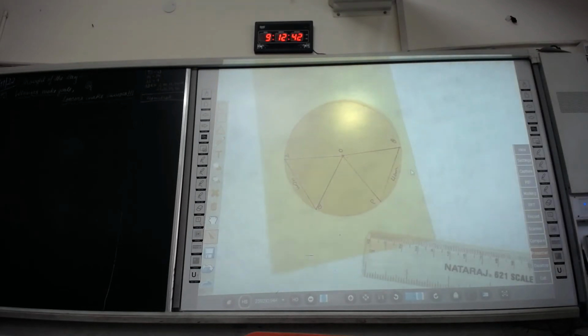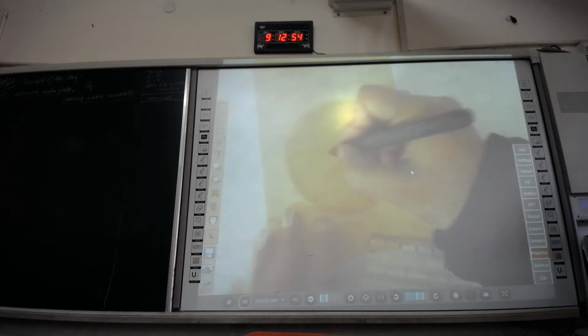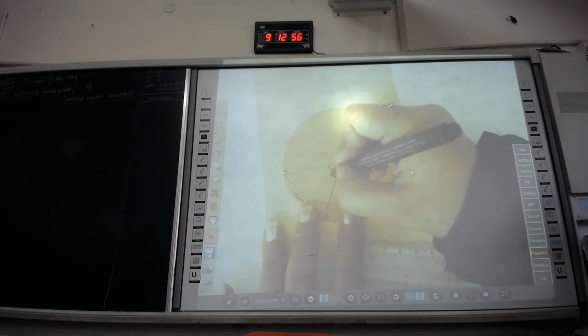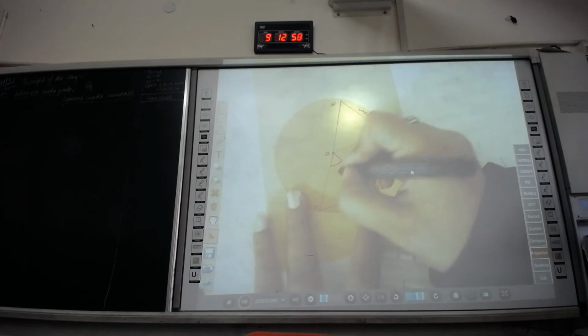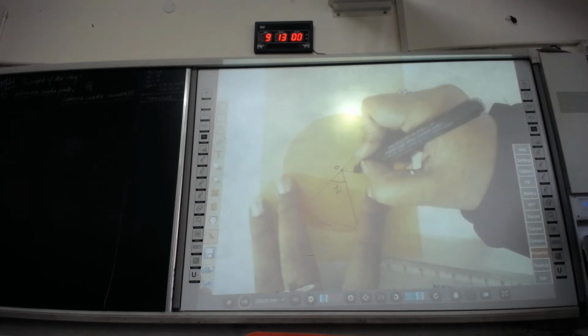Is it clear till this point? Is this clear till this point to everyone? Have you done it till this point? Yes, ma'am. All of you? Yes. All right. So after that, I am labeling this angle as 1. This is my angle 1 and this angle as angle 2.